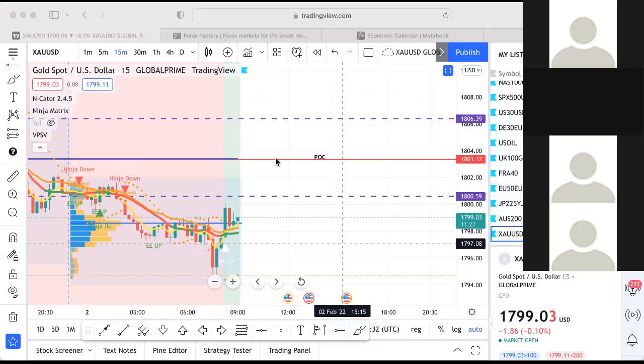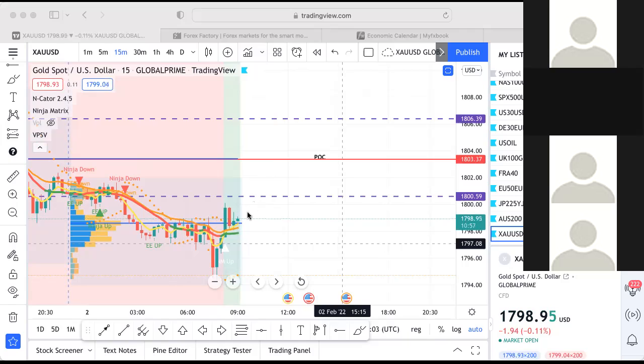We've got the moving averages separating out nicely, and I'll keep an eye on that. But where I would be tempted to get in is if price breaks through this line here, if it gets into the field of play, I would be tempted to get in for a buy up to that point there at least.